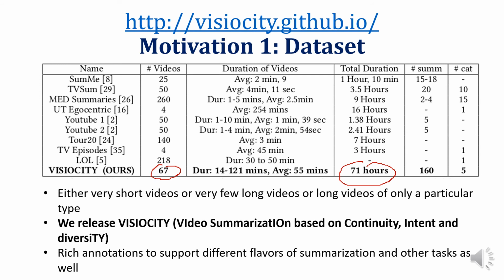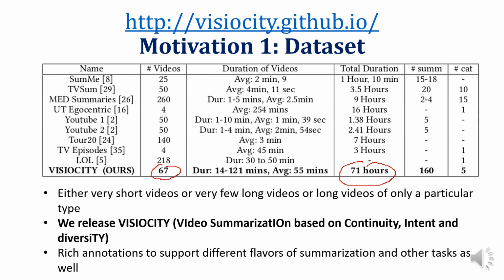The way the summaries have been developed for this wide spectrum is based on continuity, intent, and diversity, and it's driven by rich annotation so that different flavors of summarization and other tasks are supported.